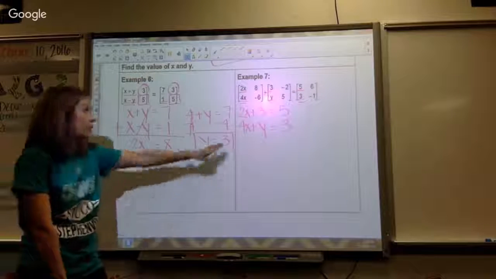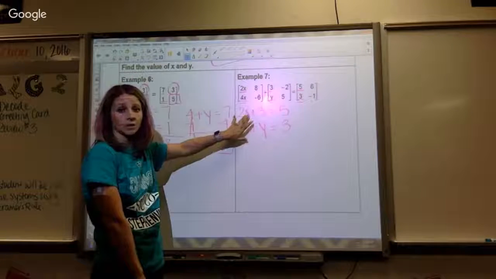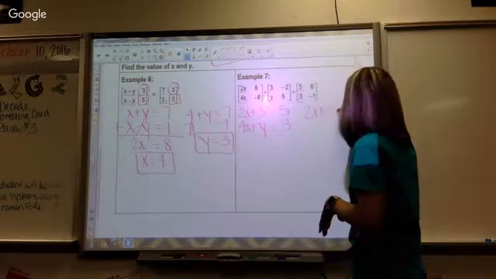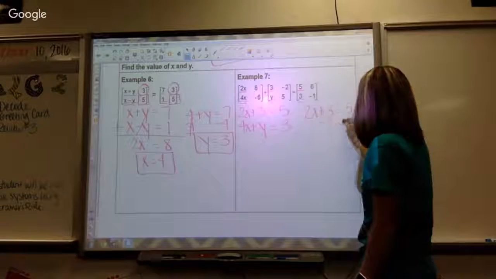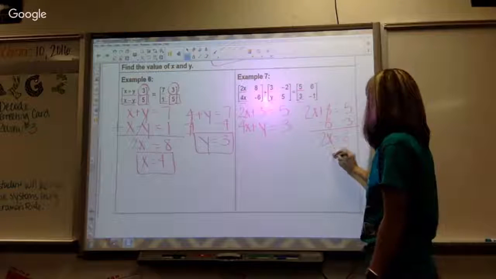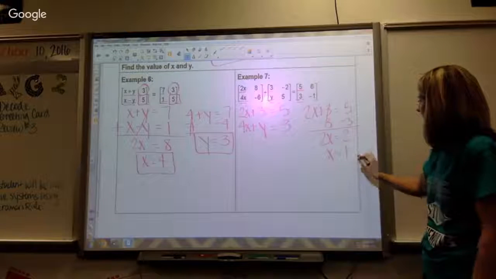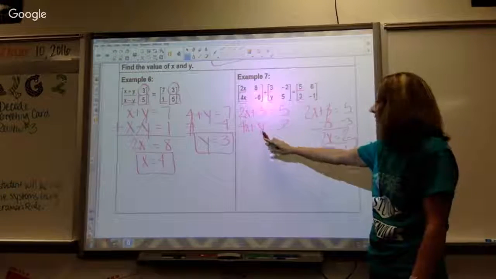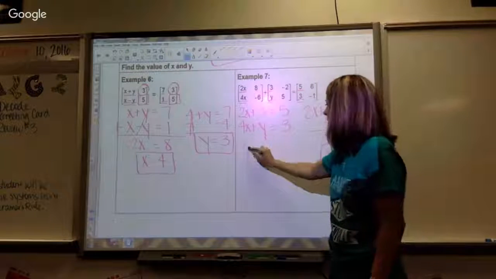Okay, notice on this one that our first equation only has an x. So I'm just going to solve for x on that first equation. So x would equal 1. And then I can use this second equation to plug in for x, and then I can solve for y.